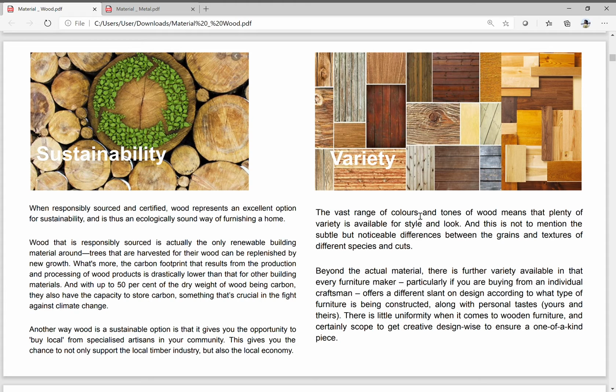Nowadays there are a lot of wood composites, byproducts of wood, or even wood alternatives that would be more sustainable than just chopping off those 50-year-old or 100-year-old trees.